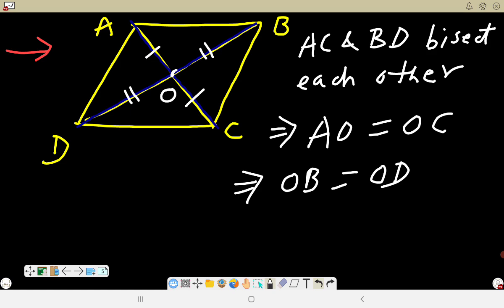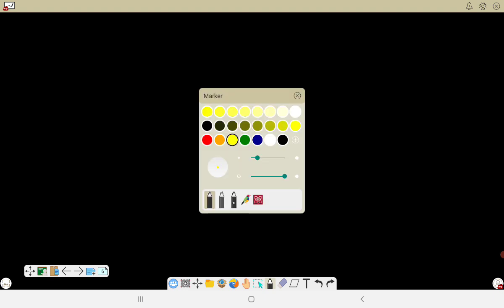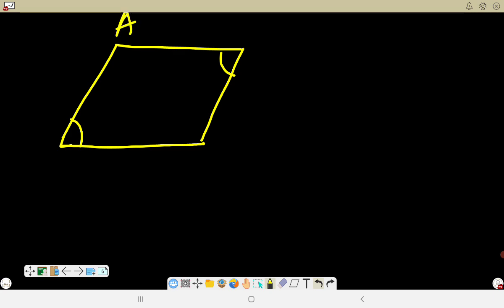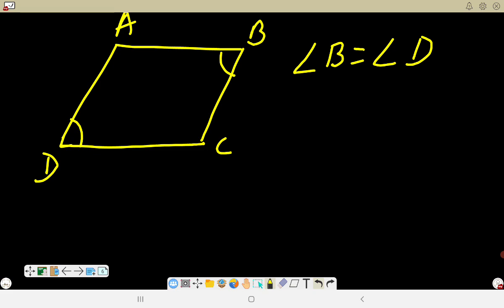Fine. Let's move on to the other property, that a parallelogram has opposite angles equal. If we name it A, B, C, D, then angle B will be equal to angle D because they are opposite.